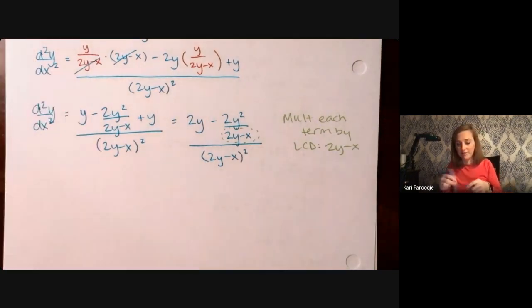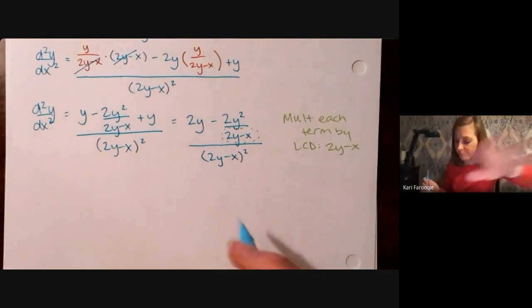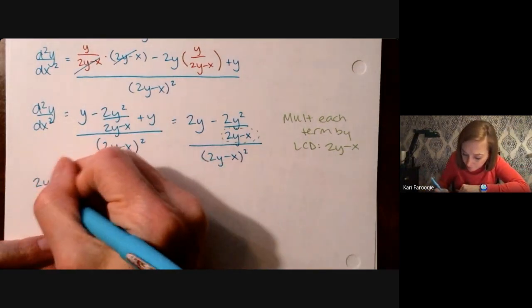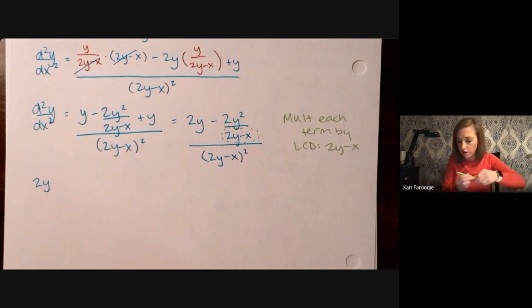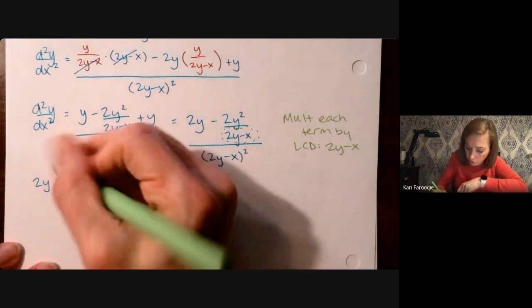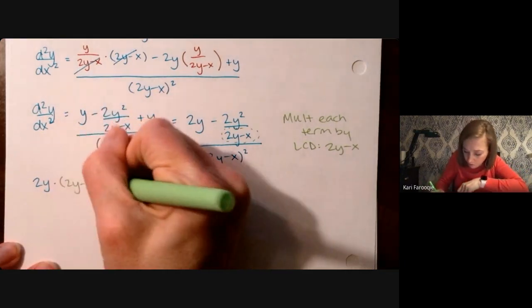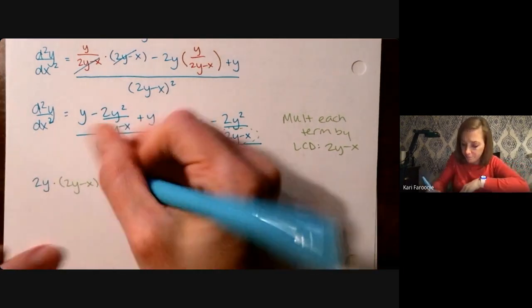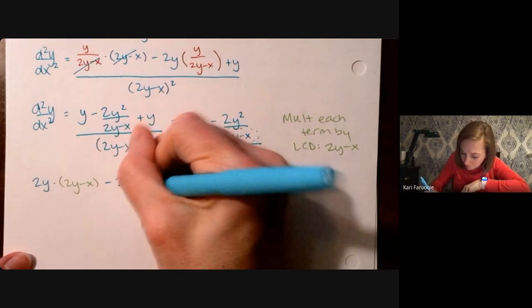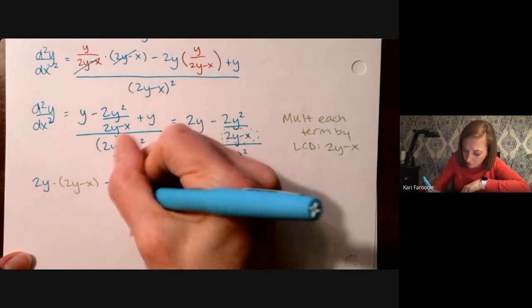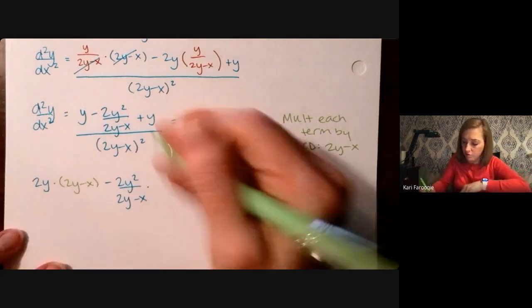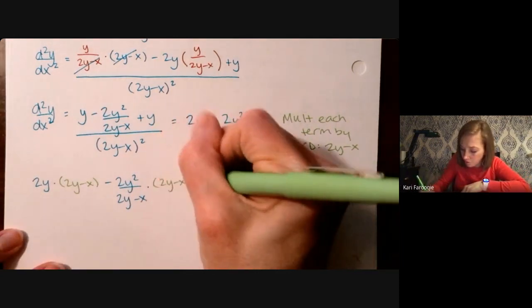Okay, so I'm going to rewrite this, but I'm going to show the multiplication of each term by 2y minus x. And then you'll be able to see how that is going to cancel out and simplify. Every single term gets multiplied by 2y minus x.